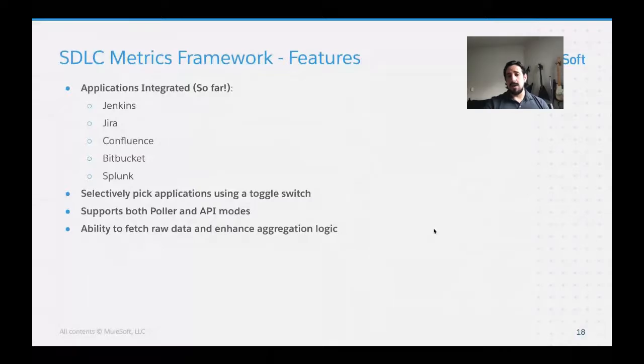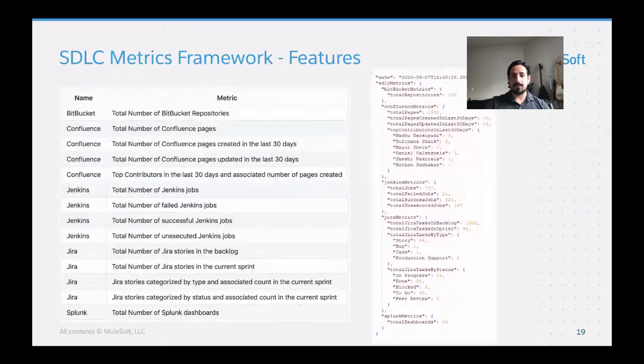Okay, thank you. So let me go back here. Basically, with this SDLC extension, you can enable or disable the different collectors for these systems. And you have the same features consistent with the whole framework, right? The polar and API modes as well. Here you have an example of the different metrics that you can obtain with this extension.